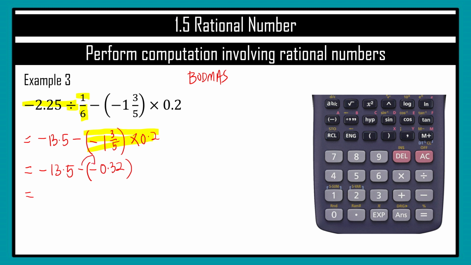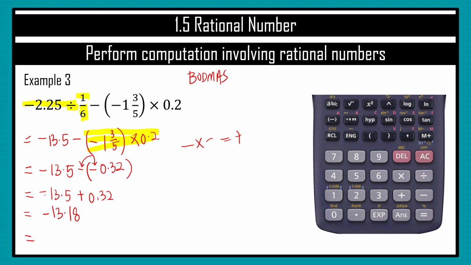Remember, if there's a negative outside the bracket, it means negative multiply negative, you should get positive. So negative 13.5 plus 0.32, which gives you negative 13.18.